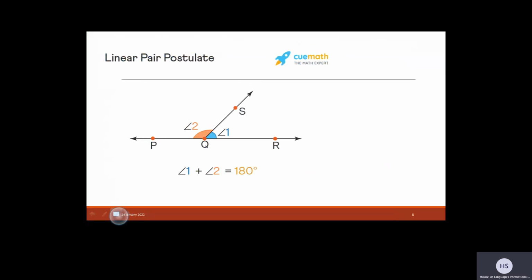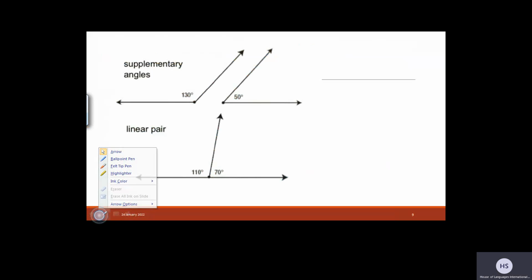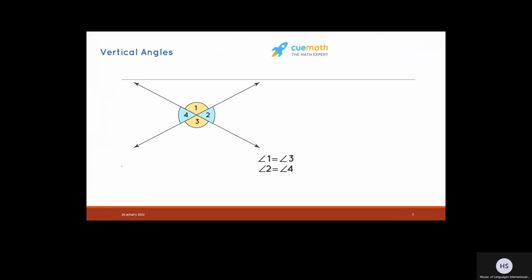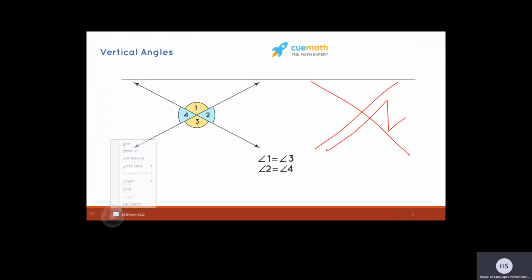Okay? So if I have this line and another line, when these two lines are intersecting, I told you before, what do I mean by the angle?